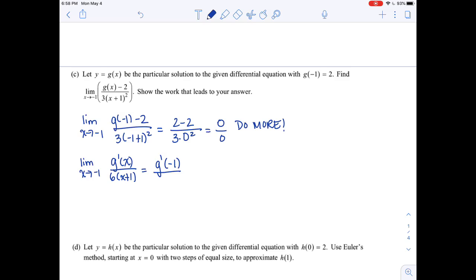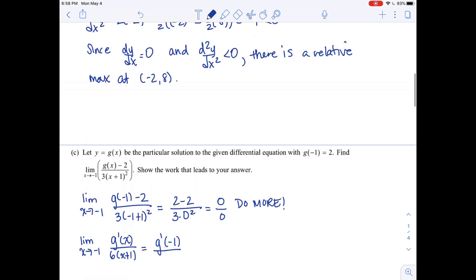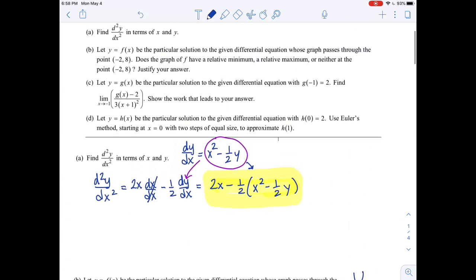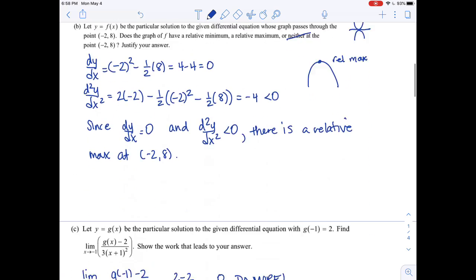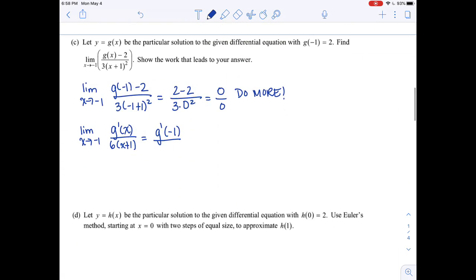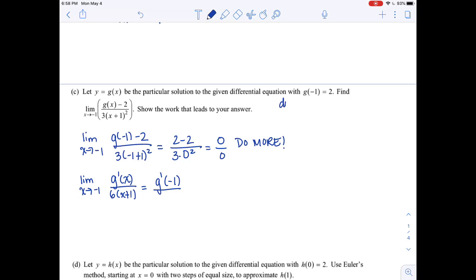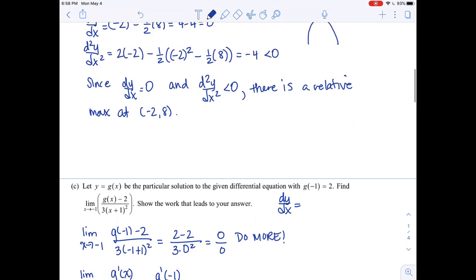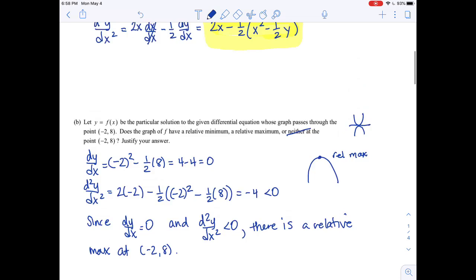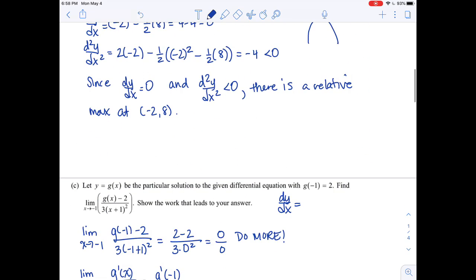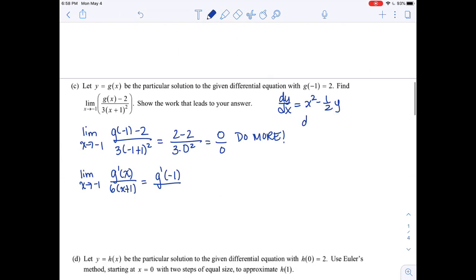So you'd end up getting g prime of -1, which comes out to be, did they give you a g prime? Oh, I got it. Because you'll have to evaluate (-1, 2) inside the dy/dx. So remember, dy/dx was equal to x squared minus 1/2 y.